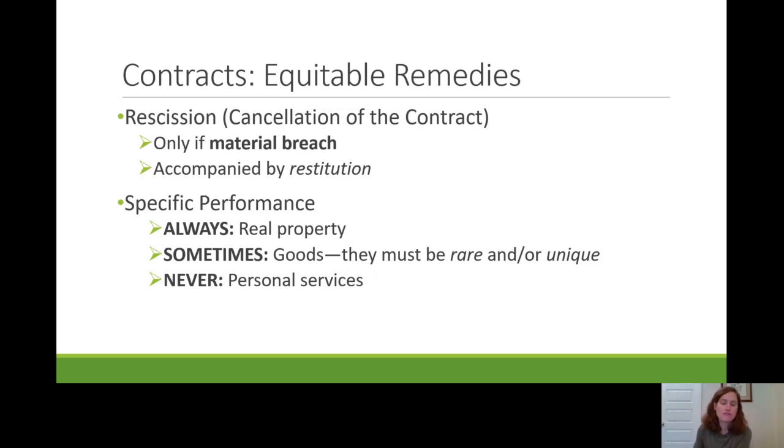For contracts for goods, if the goods involved are either rare or unique, so something that you cannot easily go out and replace on the market, a lot of times antique items, collectible items, a lot of times the examples that you see are something that was owned by a famous celebrity, right?